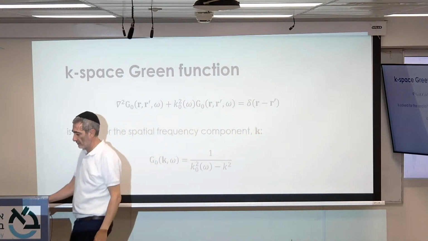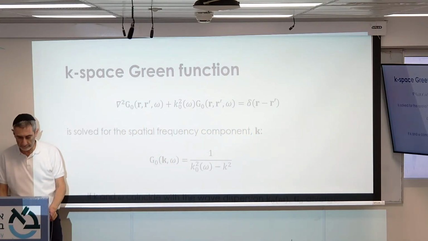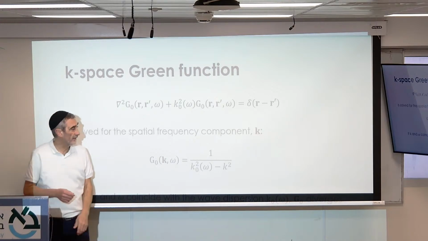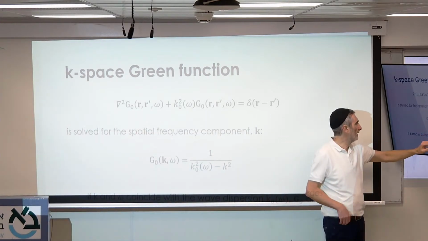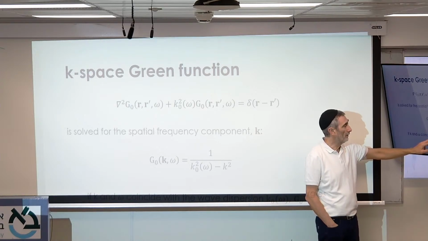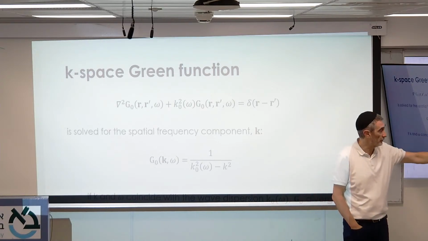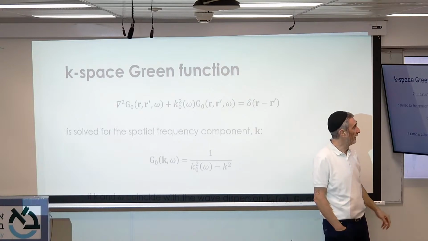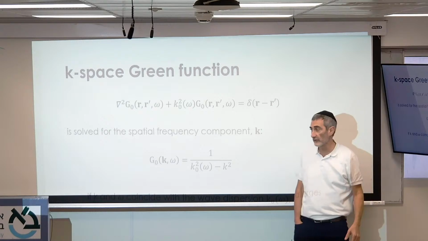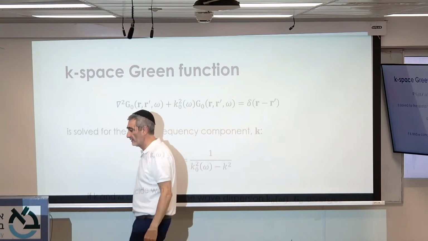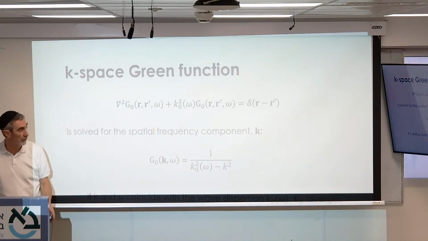That means that if K and omega coincide with the wave dispersion K0 of omega, then this term will go to 0 and G0 will diverge. That's typically a solution of the problem. That's exactly a mode solution of the problem.